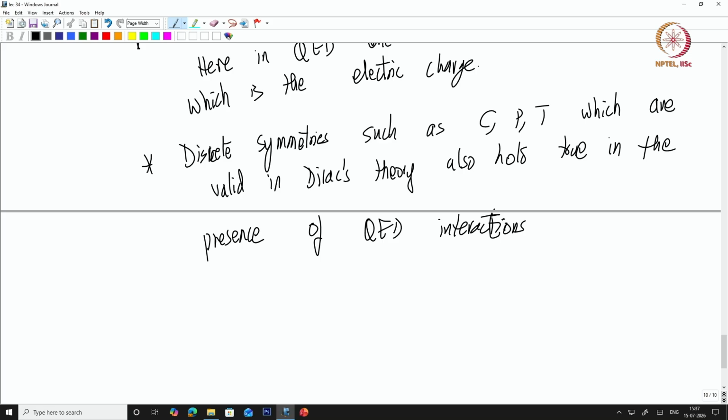It conserves C, P and T. It is a simple theory which has a lot of symmetries.